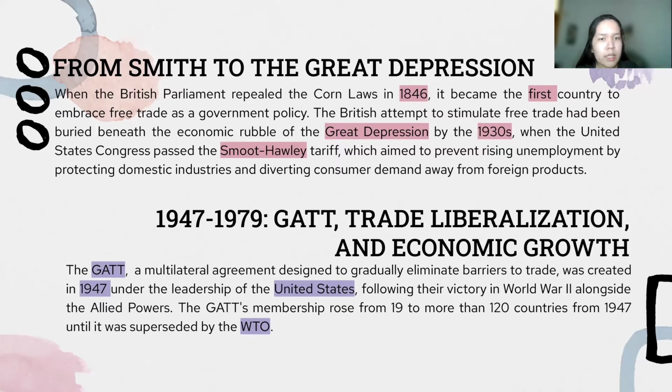And we move to the GATT, trade liberalization and economic growth. The GATT, a multilateral agreement designed to gradually eliminate barriers to trade, was created in 1947 under the leadership of the United States, following their victory in World War II alongside the Allied powers. The GATT's membership rose from 19 to more than 120 countries from 1947 until it was superseded by the WTO.